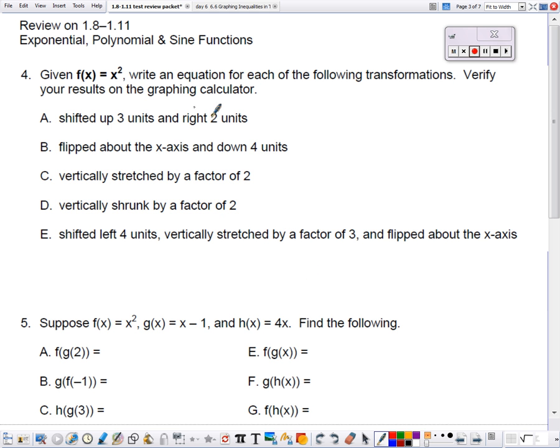So when we start off with x squared, our new functions, 3 units up is add 3 at the end, and 2 units to the right is you subtract 2 from your x. Reflected over the x-axis is a negative in the front, and down 4.